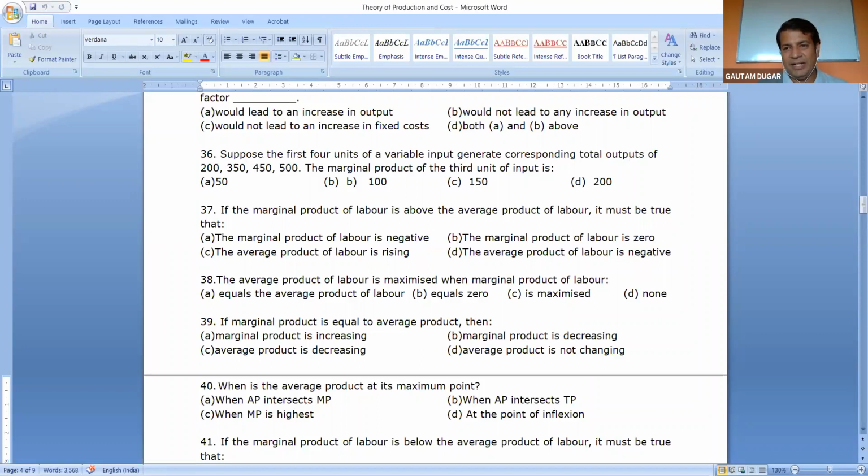I got only one right answer, from Shivani, that is, AP is not changing. When MP is equal to AP, then AP is highest and constant.